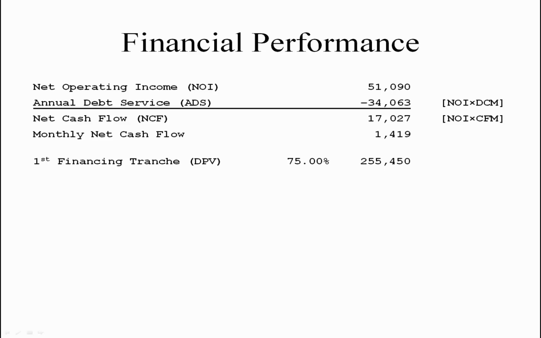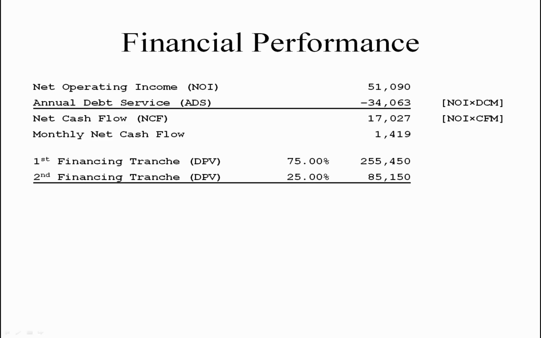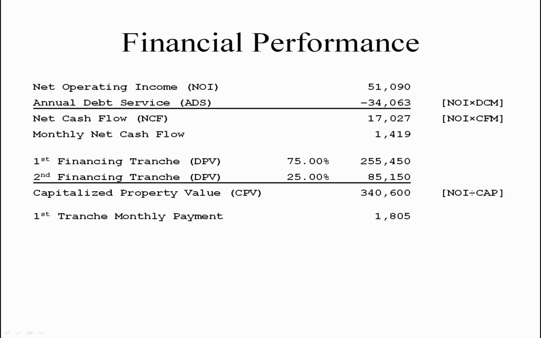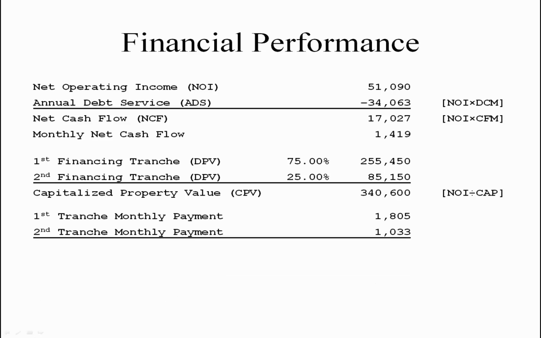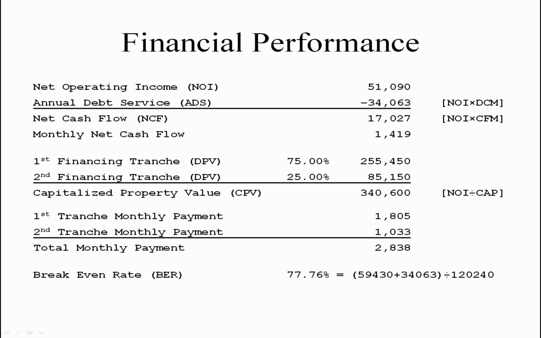First position financing tranche debt present value at 75% LTV. Secondary financing tranche debt present value at 25% LTV. The capitalized property value. The first tranche monthly payment, second tranche monthly payment, total monthly payment.